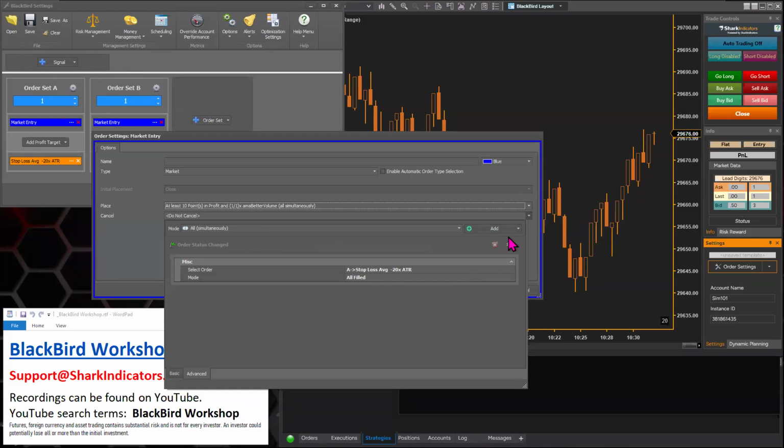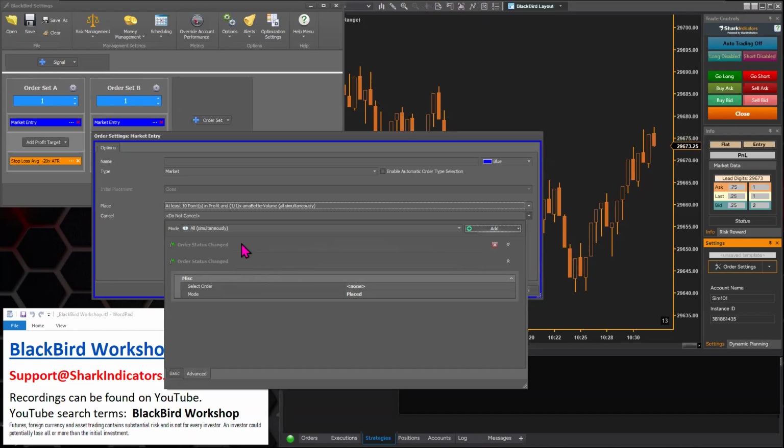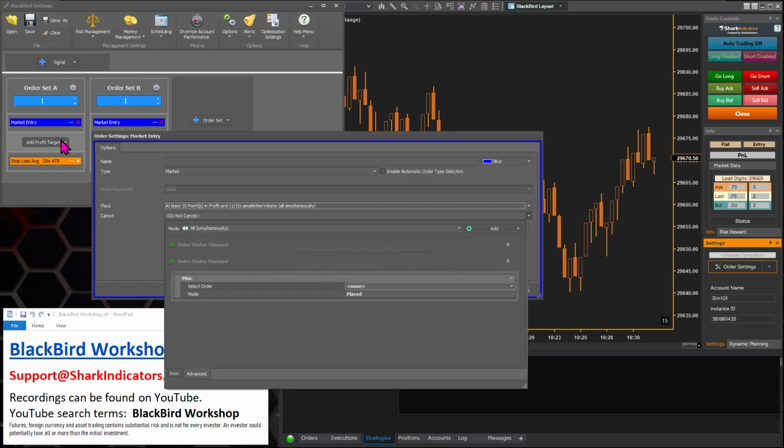The same thing might apply to a profit target. This doesn't have a profit target, but commonly, if you have a profit target and a stop loss, you would check to see if either one of those is filled, and then you know that your scale-in order here should be canceled.